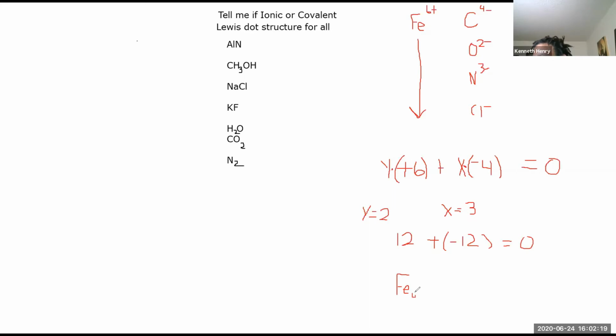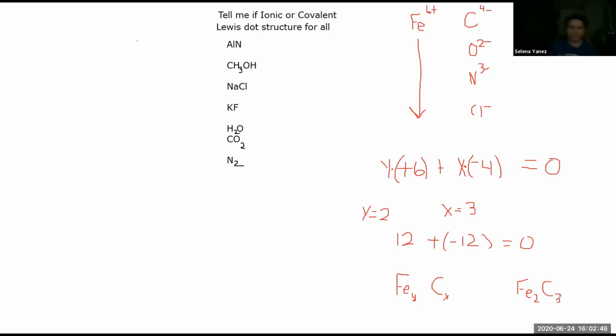So this is like saying here, this is that little y, and then this is your little x. Okay, so then we say F is 2 and C is 3. Piece of cake? Yes. Okay.